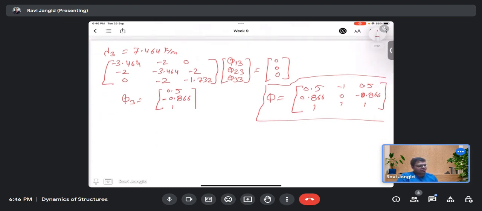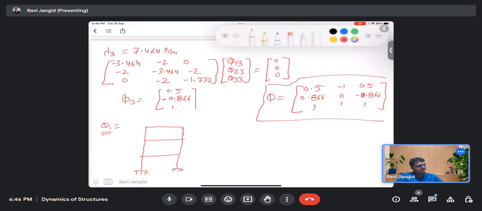So let us take the φ1. In that case, we will take the simple model, or do we take the whole model? So my structure will deflect like this.